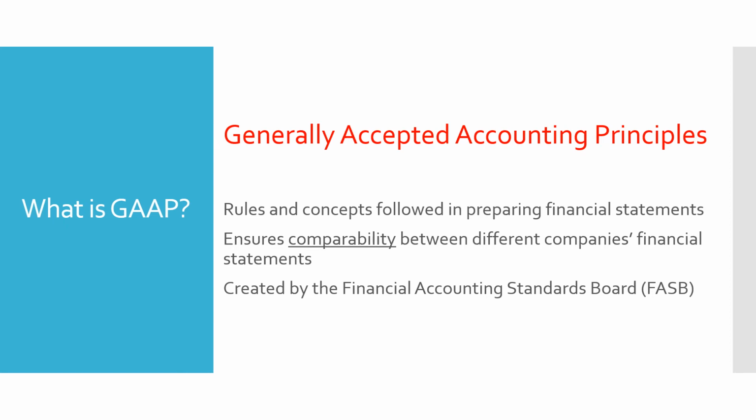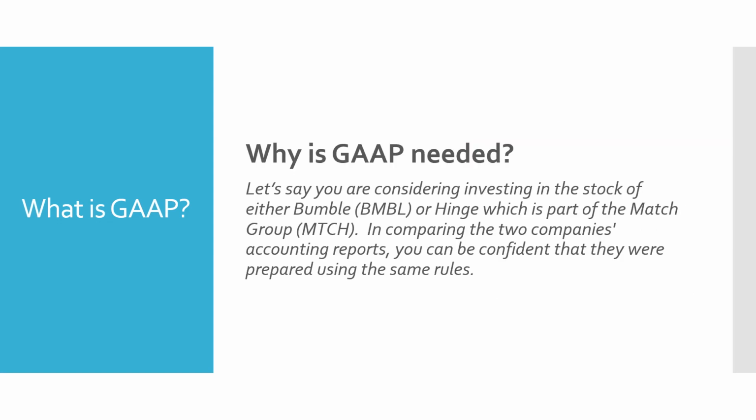So the SEC does not create generally accepted accounting principles. They are created by a non-governmental private standard setting body known as the Financial Accounting Standards Board, or the FASB. So another example, you're considering investing in the stock of either Bumble or Hinge.